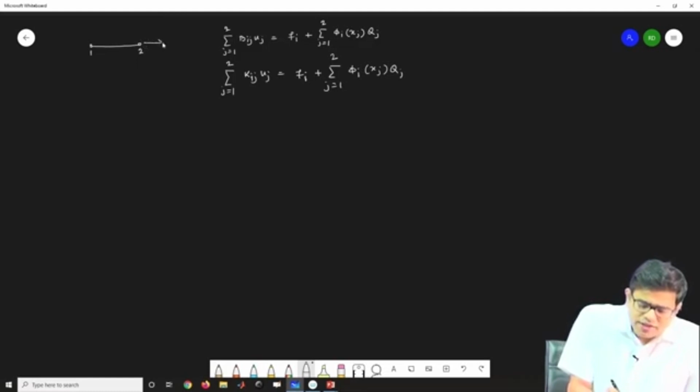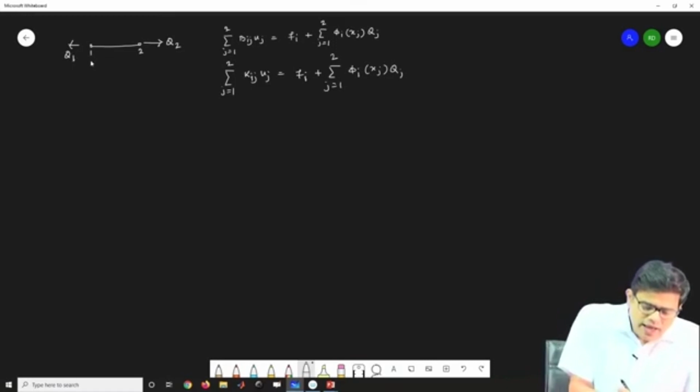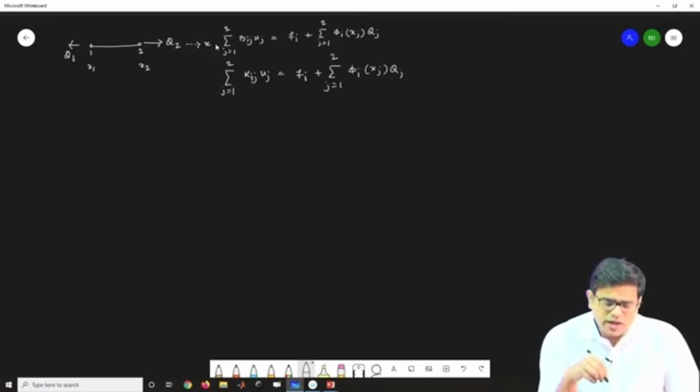This is my q2 and this is my q1, and the coordinates of these points are x1 and x2. This is my x-axis. Obviously at each node there is only 1 degree of freedom because it's an axial problem.